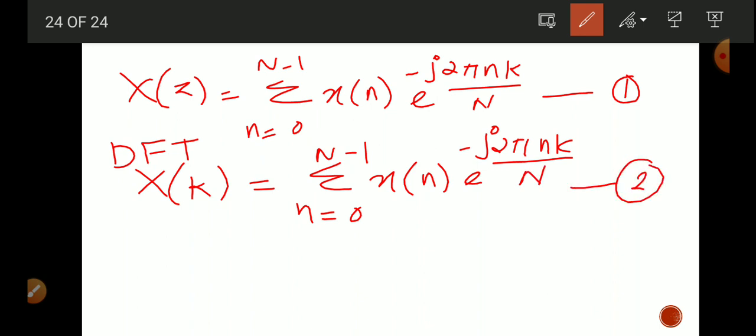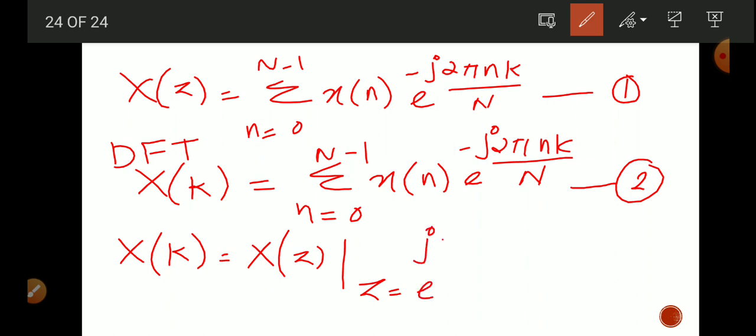On comparing equations 1 and 2, we can see that X(z) equals X(k). That means X(k) equals X(z) at z equal to e raised to j 2 pi k divided by N.